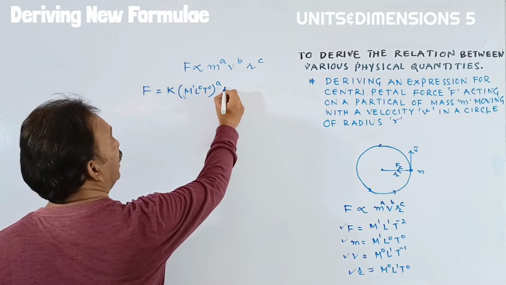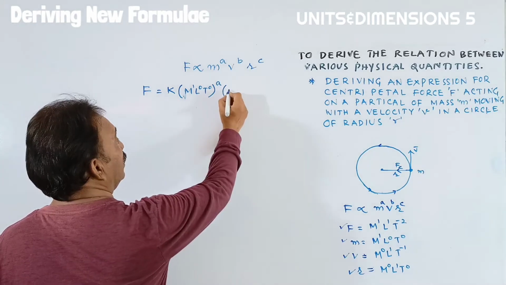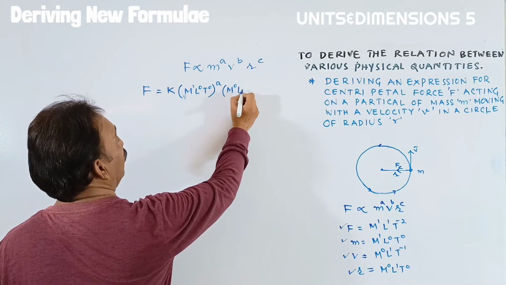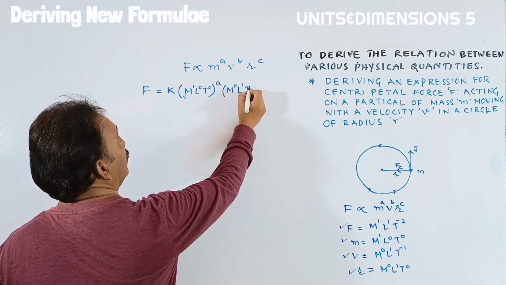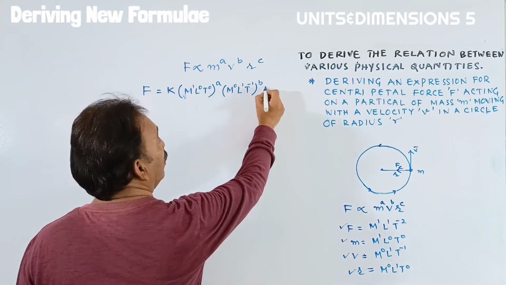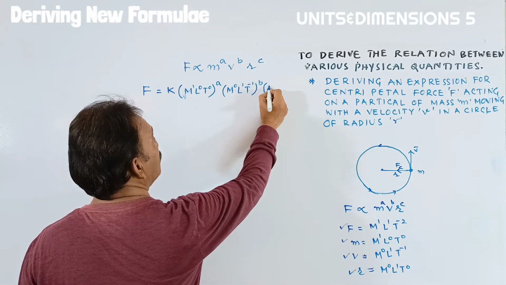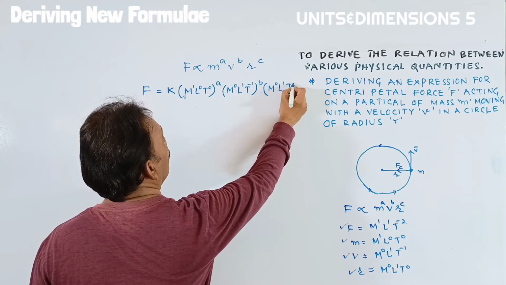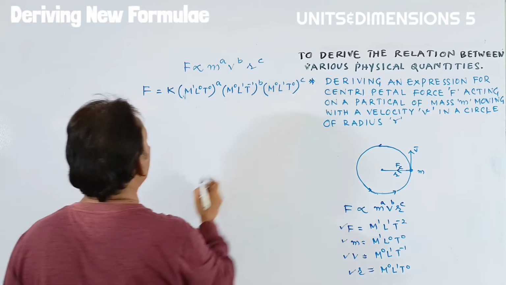And for velocity, it is M0 L1 T inverse to the power b. For the radius, it is the length, students, M0 L1 T0 to the power of c.